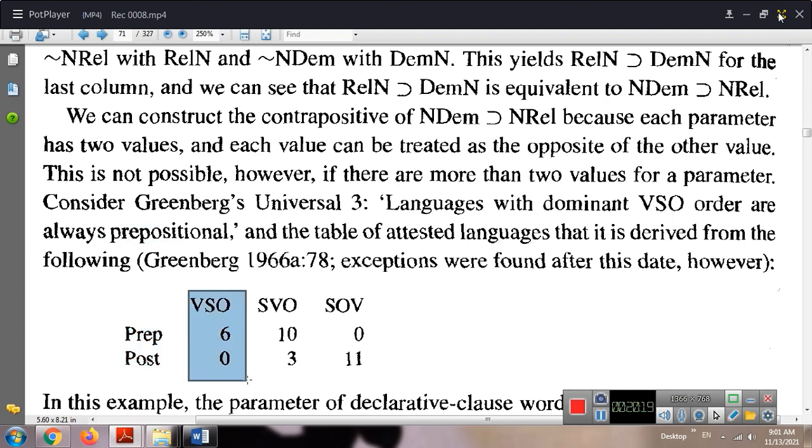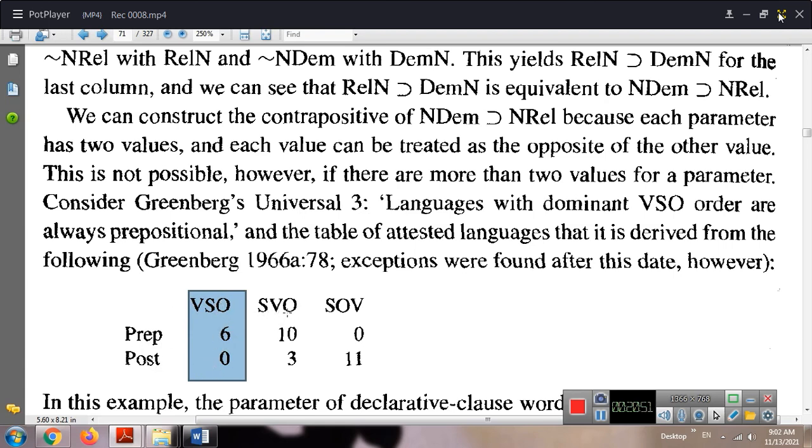Studying the languages with the order verb, subject, object, he found that all of them, which were 6, were prepositional, and based on that he stated implicational universal 3: if a language is verb, subject, object, that language is prepositional, because he didn't find any postpositional language of this type.